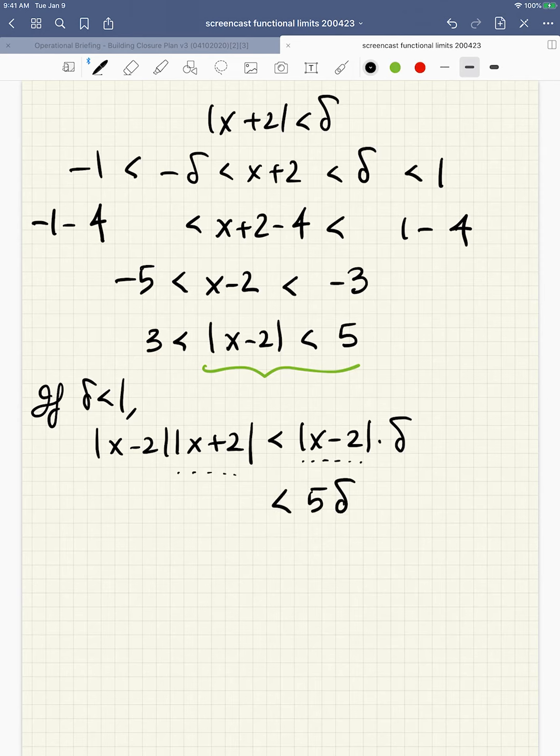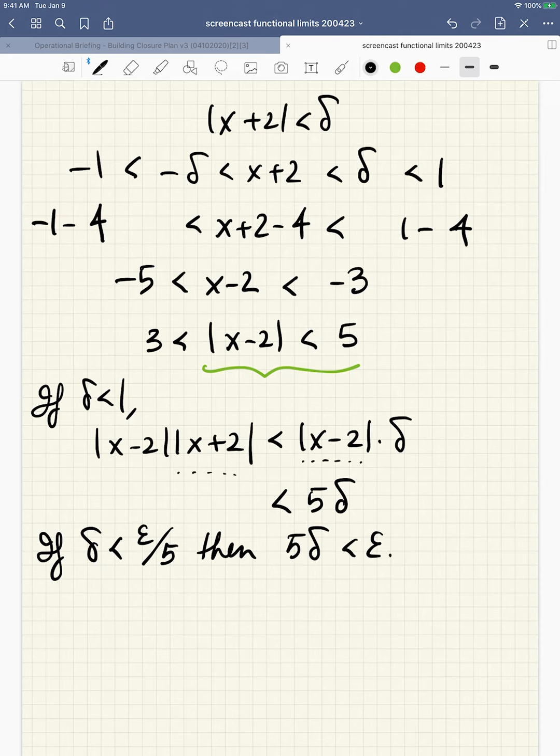So the whole product is going to be less than 5 delta. Okay. So what does this mean? Well, this means if delta is less than epsilon over 5, then 5 delta is less than epsilon, which is where we want to go in our proof. Okay. So I've got two conditions here.